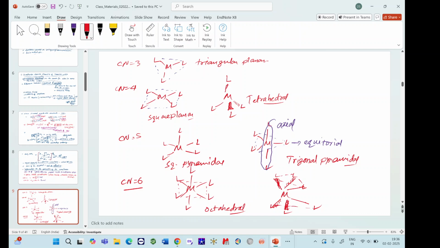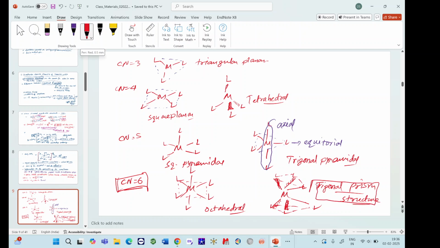You have a triangle between these three ligands. And sometimes they can be staggered or sometimes they can be eclipsed. Okay. This is called trigonal prism structure. Although for the coordination number 6, mostly examples are octahedral, some of the systems can also take trigonal prism structure.